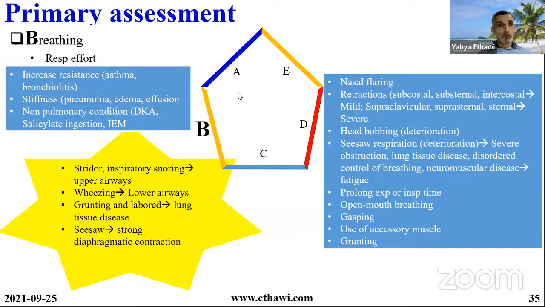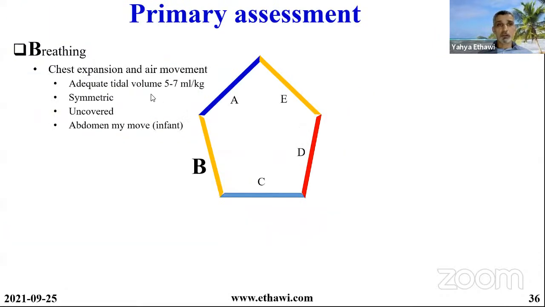We finished with the breathing effort and respiratory rate. Now we're going to the third part of breathing assessment, which is the chest expansion. Normally human beings, and especially newborn babies and children, can take somewhere between 5 to 7 ml per kg of tidal volume, and the tidal volume is the volume of air that we breathe in.